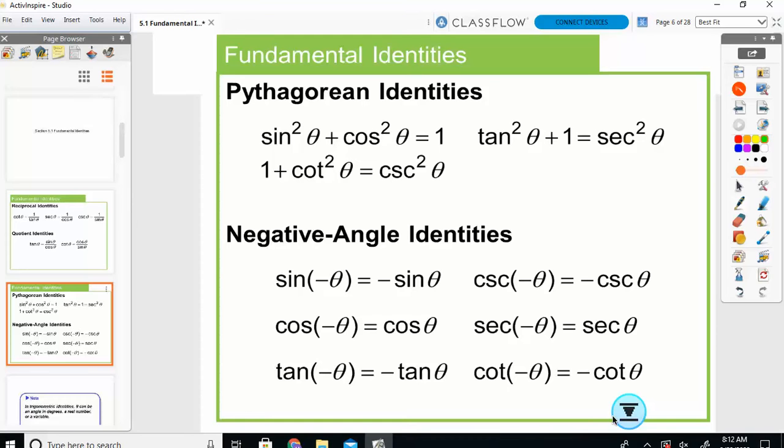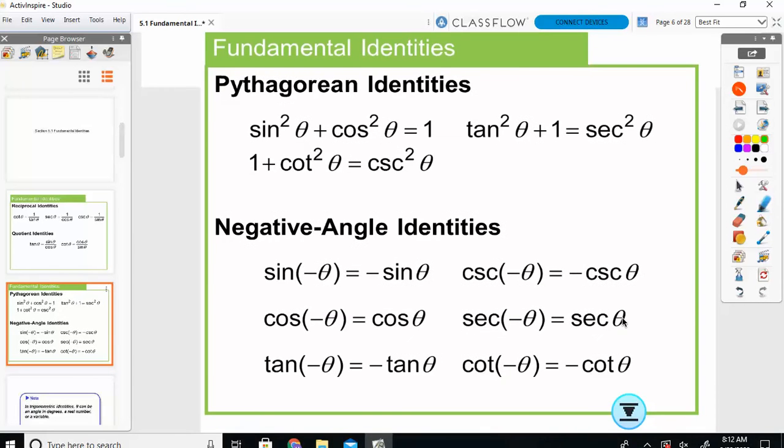When have we looked at these? Yeah, when we were graphing, we talked about if things were even and odd. Remember, cosine and secant were the only even functions, which meant that if you had a negative on the angle, you could just drop it. The others were all odd, so with all the others, the negative comes out in front.